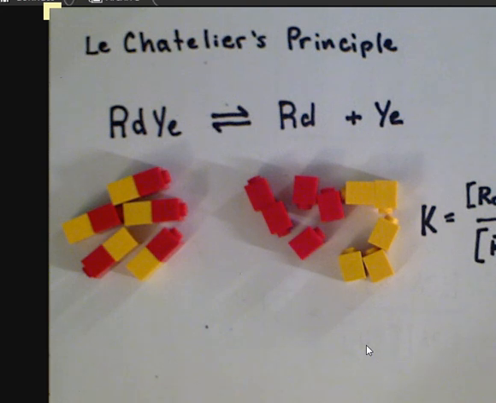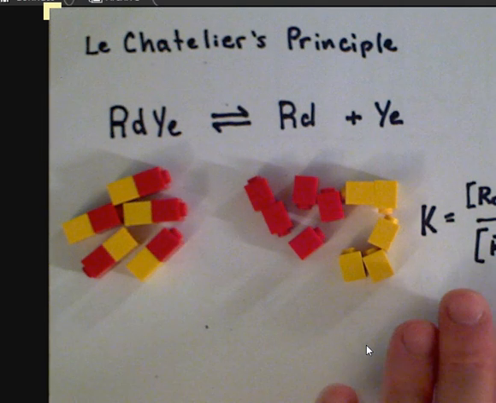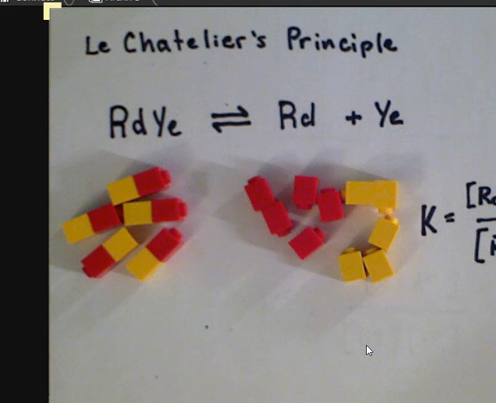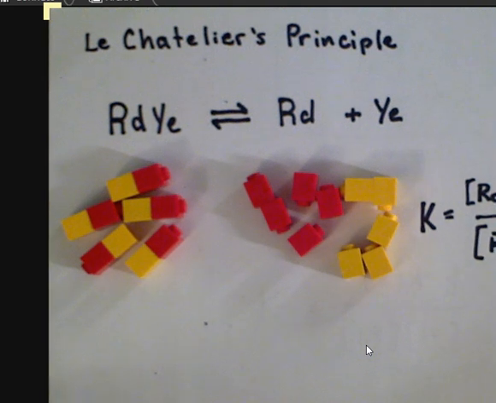So let's imagine for a moment, and it happens to be that I have equal numbers of particles, but it doesn't necessarily have to be, right? But let's imagine for a moment that this system, as it sits right here, represents equilibrium. Okay, so both the forward and reverse reaction are happening at equal rates. And so right now we are at equilibrium. We have K. We could potentially do something to disturb equilibrium.